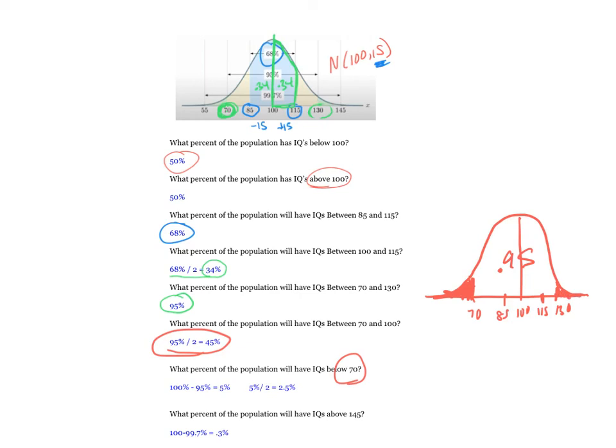So how much is in those two little areas, one on each tail? Well, if the middle is 95 and the whole graph adds up to 100, that means there's 5% total in the tails. But I only want the below 70 part, so I divide that 5 in half. 100 minus 95 was 5, but that 5 is on both sides of the graph, and I only want one side. So 5 divided by 2 is 2.5.